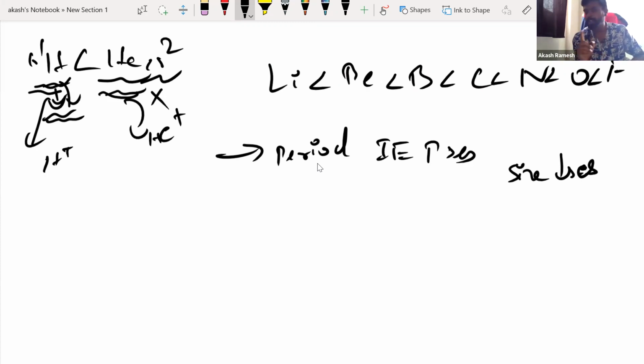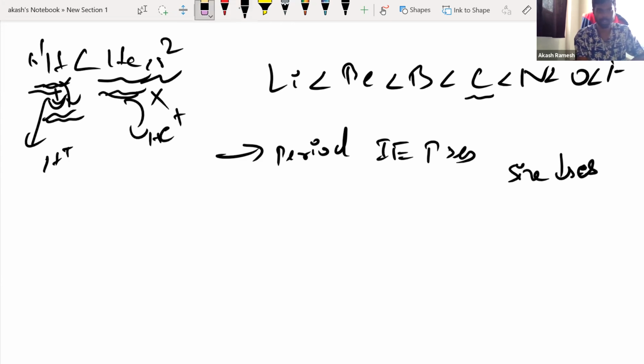But there is a small change in this order. Why is there a small change? Till carbon it's fine. Now when I go to nitrogen, that is also fine. Till nitrogen it's fine.